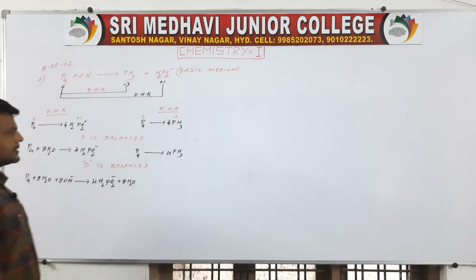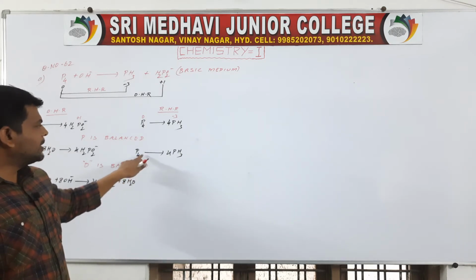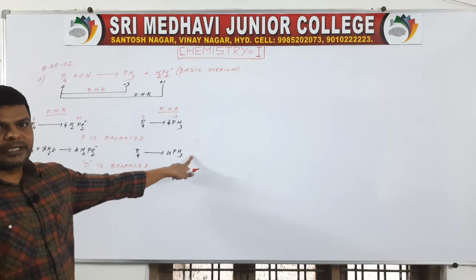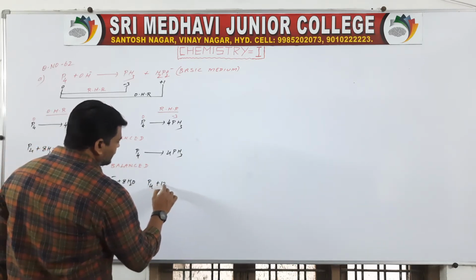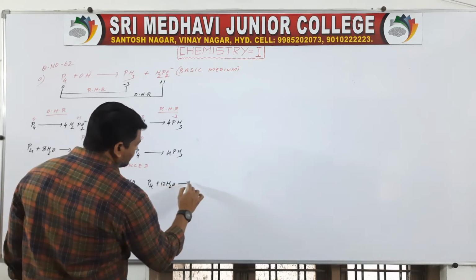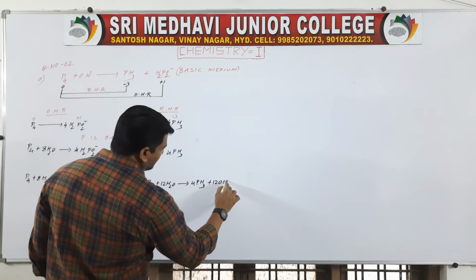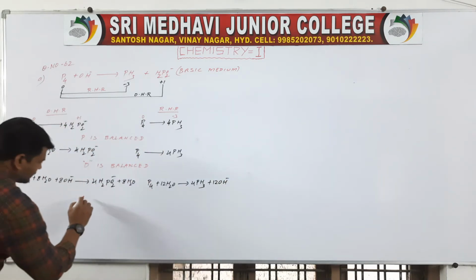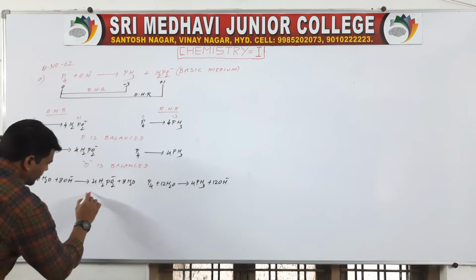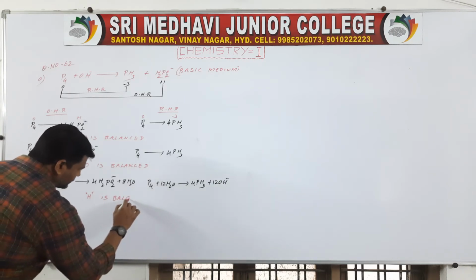Hydrogen is balanced. Here, how many hydrogens? 4 3s are 12. You have to add 12 H2O and 12 OH minus. P4 plus 12 H2O gives rise to 4 PH3 plus 12 OH minus. Now you have to write hydrogen is balanced.